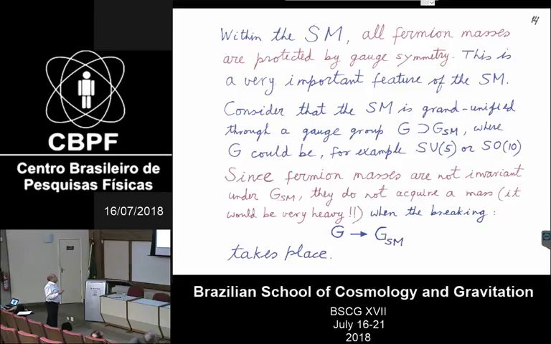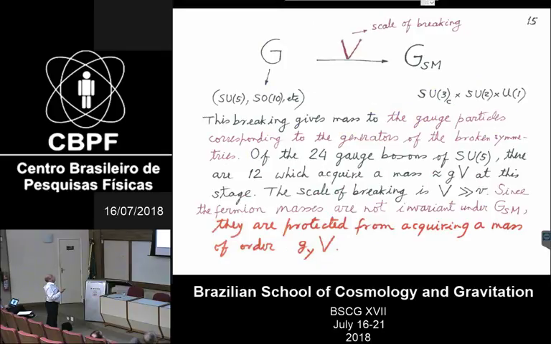Since Fermion masses are not invariant under this group, they do not acquire a very heavy mass when this large group breaks into G_SM. Because these masses are not invariant, they are protected from this very large mass. So they only acquire mass once SU(2) x U(1) is broken.